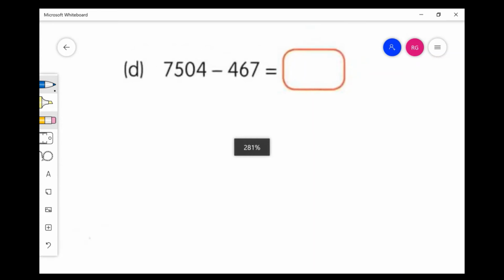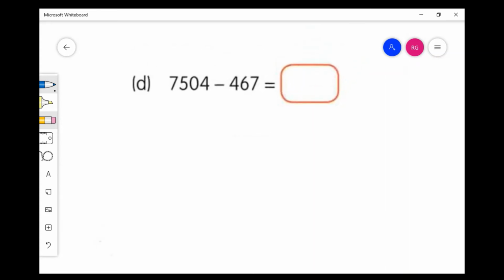And part D, moving on, it says 7,504 minus 467. Okay, so what I need to do here is subtract 4. And if I subtract 4 there, I also need to subtract 4 here. So this ends up being 7,500 minus 463, if that's easier.